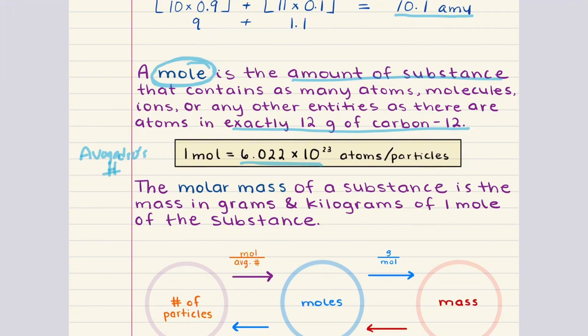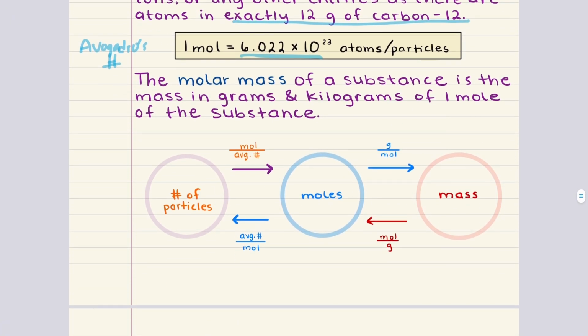This value is really important to understand. It's similar to when we use the word dozen. Dozen always means 12 of something. So the mole simply counts entities, and the count is always the same regardless of the substance.